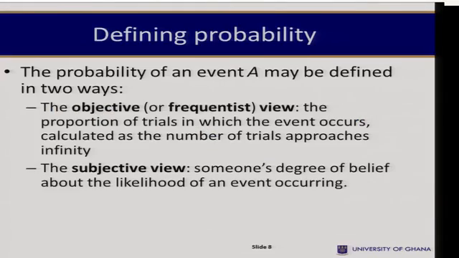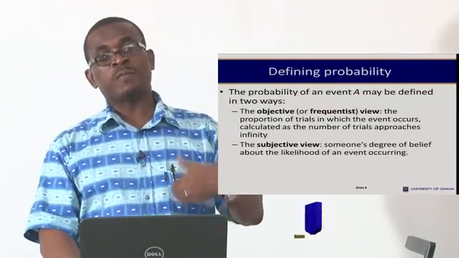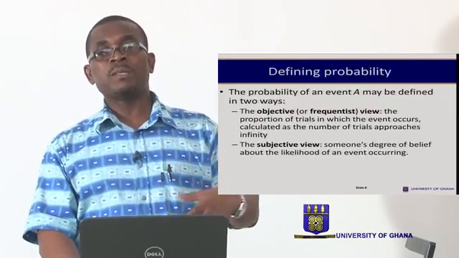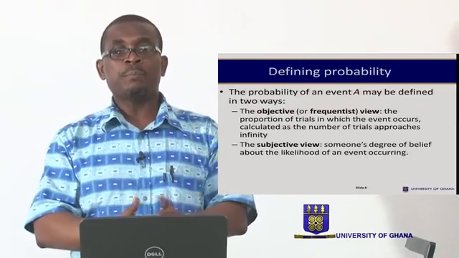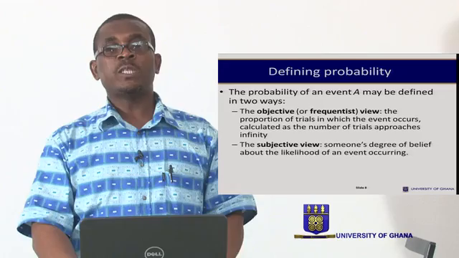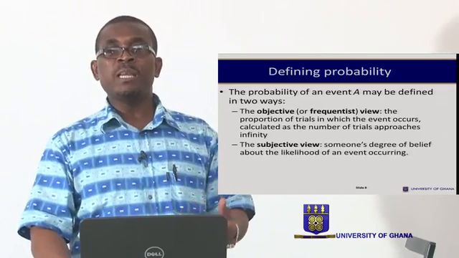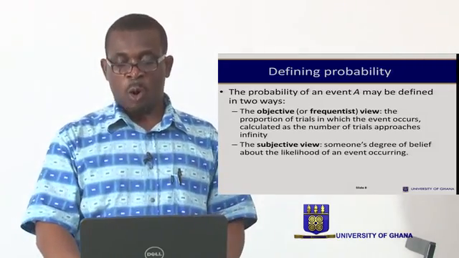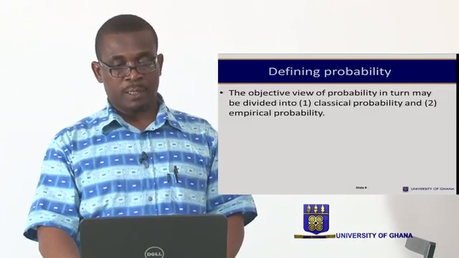Probability of an event may be defined in two ways. We have what is called the objective or the frequentist view, and it computes probability as the proportion of times the event happens in what is termed the sample space. And then we have the subjective view, which is based on somebody's degree of belief about the likelihood of an event happening.